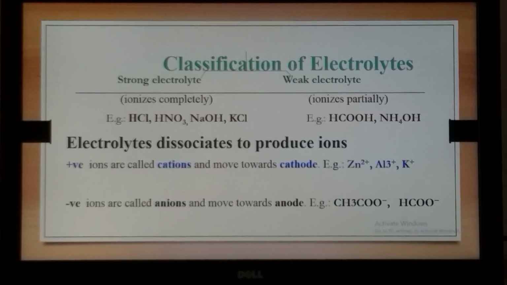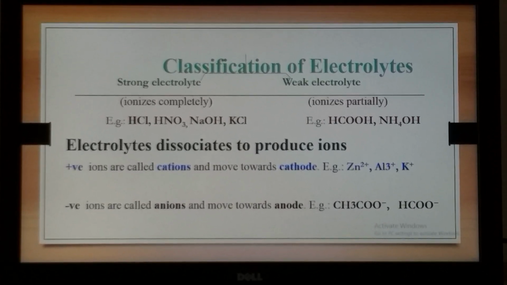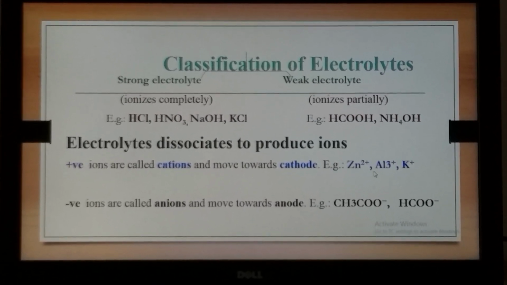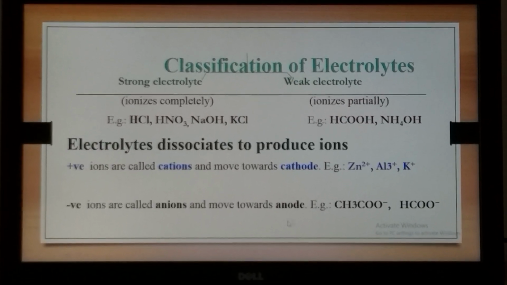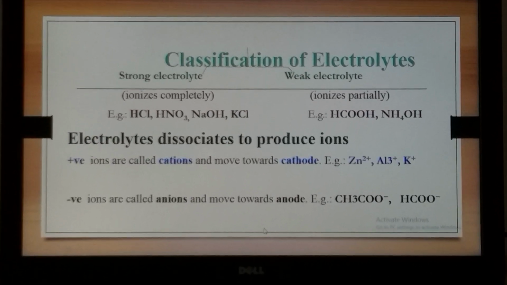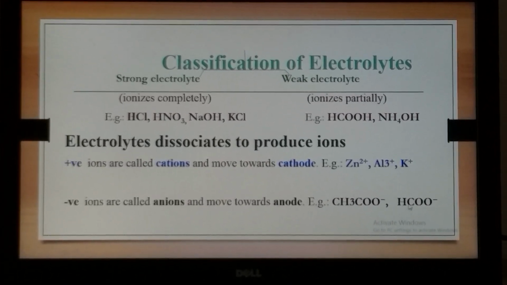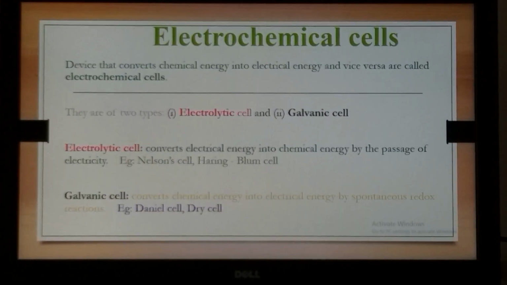The positive ions move towards the cathode and the examples are Zn2+, Al3+ and potassium. Negative ions move towards the anode and the examples are acetate ions, formate ions, etc.